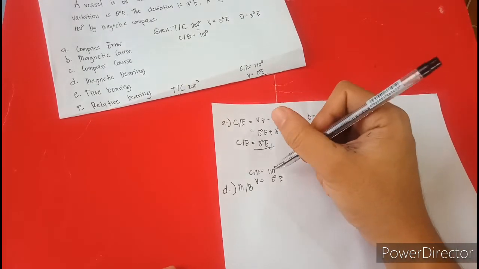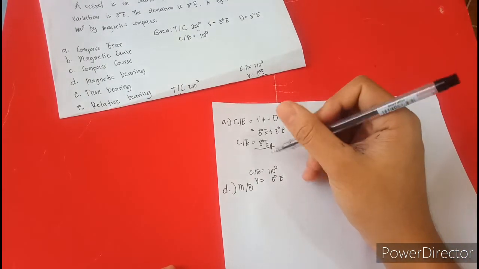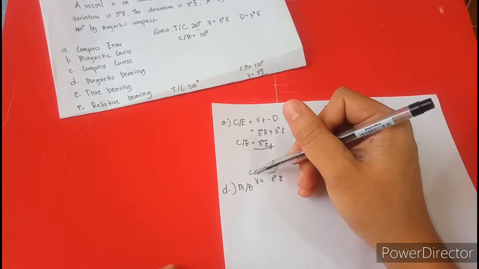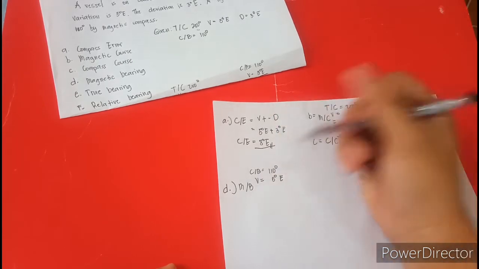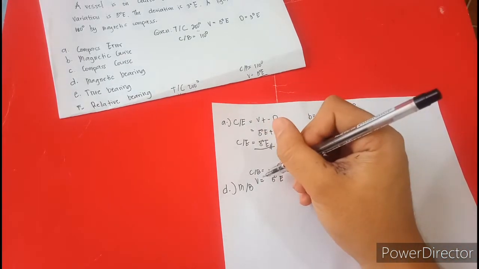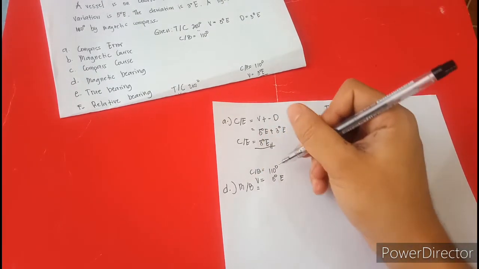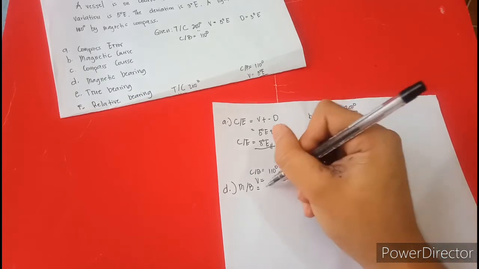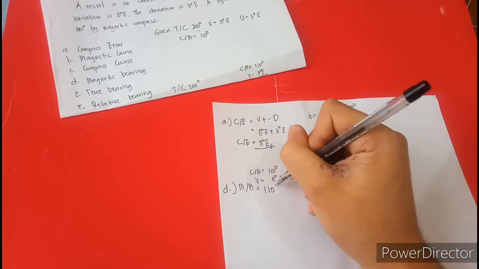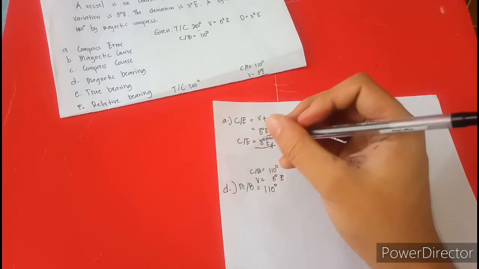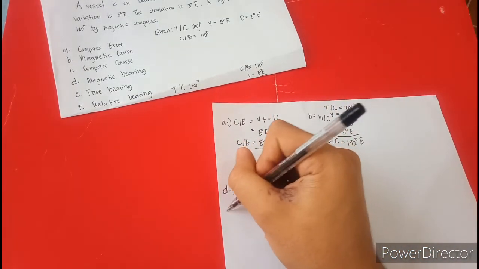Here we add the east and subtract the west, because we're going from the compass to true. So the magnetic bearing is 115 degrees.